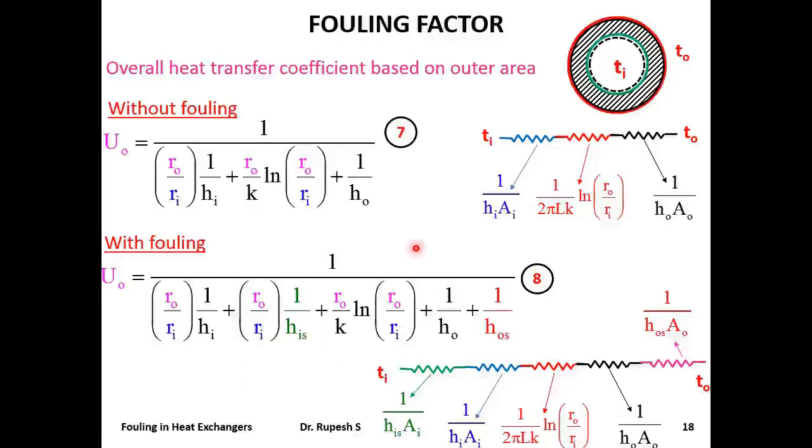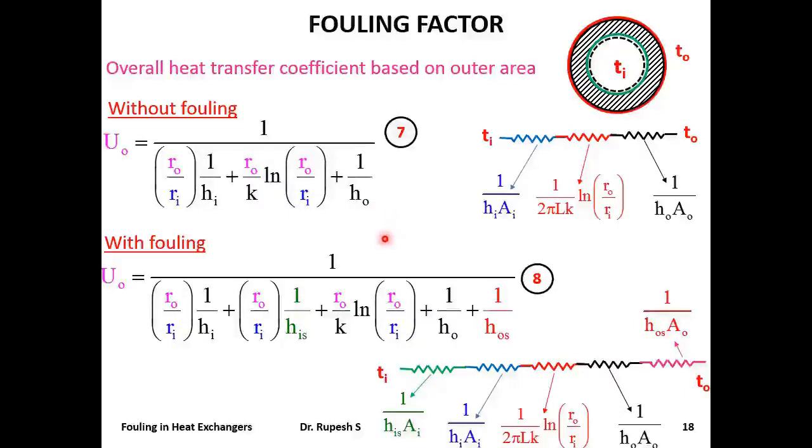So the overall heat transfer coefficient based on inner surface with fouling is given by equation number 6. Whereas for Uo, without fouling, resistance on the inner surface, that is this resistance, contributes to this term, that is Ro by Ri into 1 by Hi. Whereas resistance on the outer surface, that is this resistance, contributes to 1 by Ho.